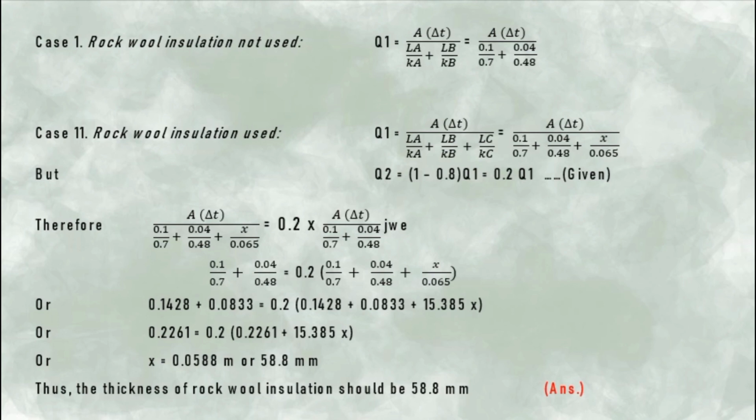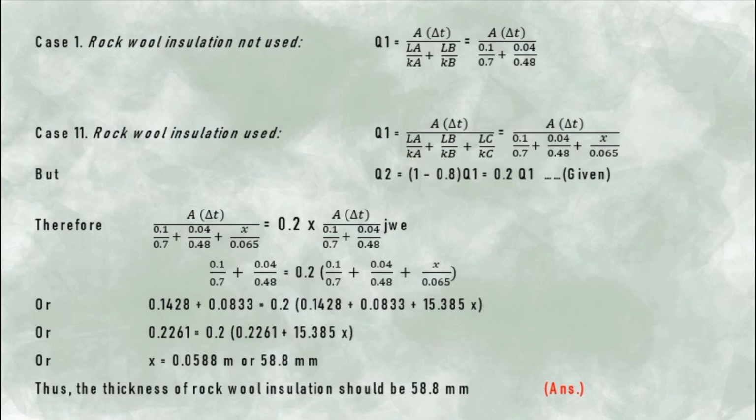We just add the thickness of rock wall over the conductivity of the rock wall, but for the final heat, we use 1 minus 0.8 of the initial heat, or 0.2 initial heat. Therefore, for case 2, we have this equation.